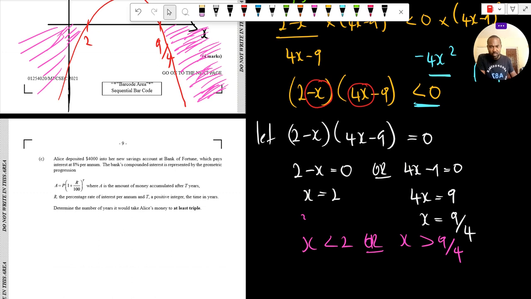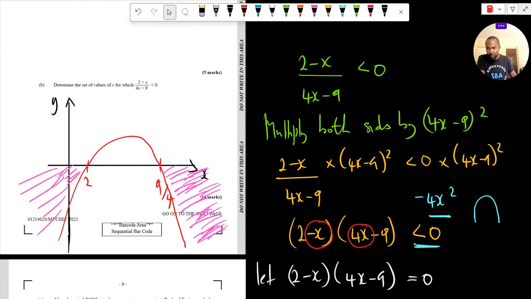And those are the solutions to our inequality, right? So the set of values of x for which (2 minus x) over (4x minus 9) is less than 0. The set of values, of course, x is less than 2 or x is greater than 9 over 4. That is the solution to that inequality.